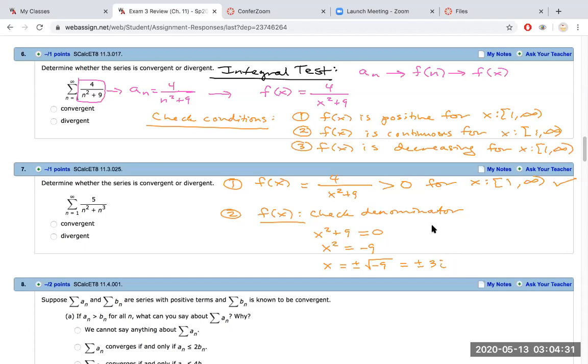Okay, so what we found is that the denominator never equals 0 for the bounds that we were testing, 1 to infinity. So that gives us our second check. F indeed is continuous. And then the third bullet point here, we need to check decreasing. Whenever you're doing that, you need to check f prime of x when it's less than 0.